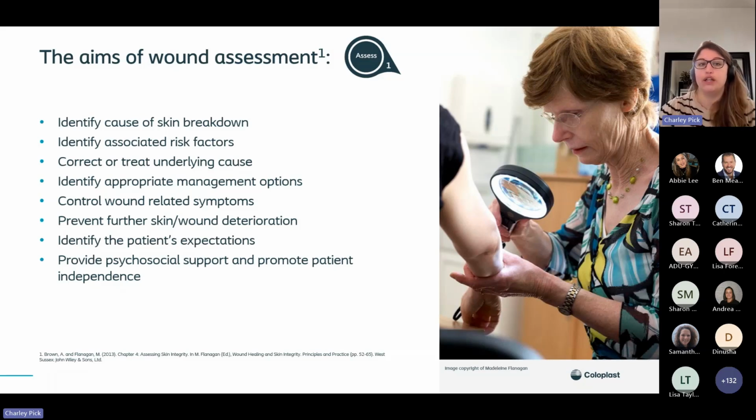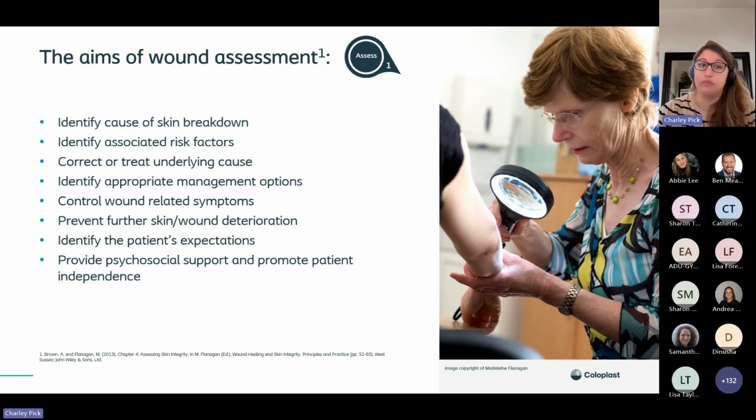So if we think about a patient that maybe has diabetes and isn't managing their blood sugars very well, we know that patients with diabetes are at an increased risk of developing wound infection. And if their blood sugars are high, they're going to be at more of an increased risk of developing infection. So we need to understand why their blood sugars aren't being well controlled and help them manage those.